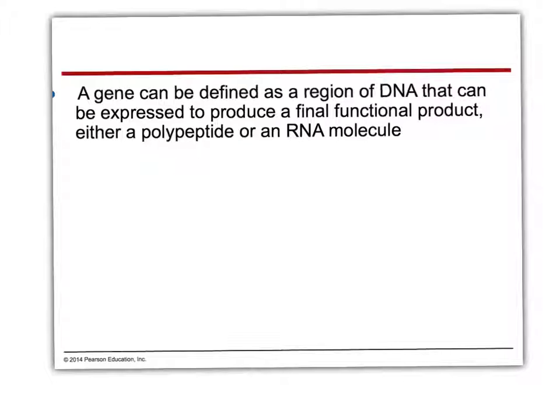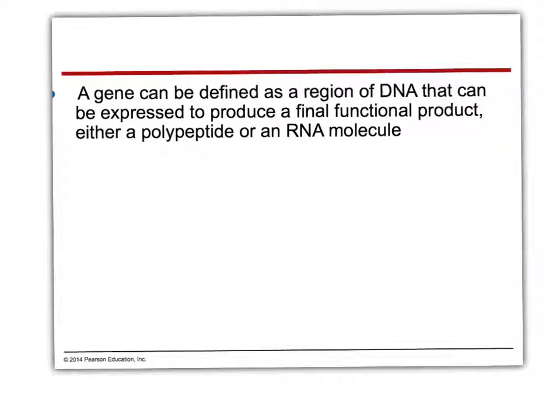At first, the idea of a gene was one gene, one polypeptide. But now we know that some RNAs are produced that are not translated, but are functional, such as ribozymes, RNAs important for splicing, ribosomal RNAs important for the function of the ribosome, and transfer RNAs, the movement of amino acids.